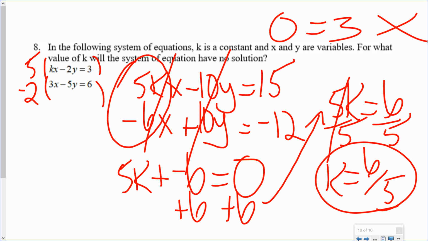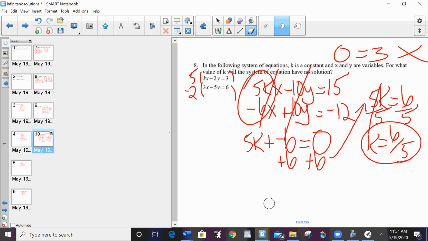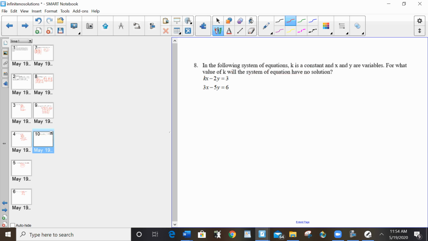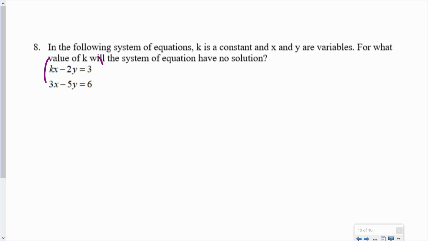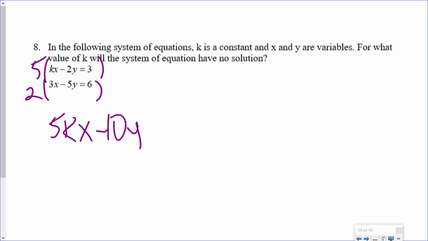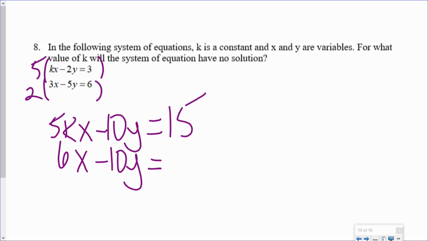Now, you didn't have to make the signs different here. You could have just multiplied by positive 5 and positive 2. I just want to show you what that would look like. If I just get everything positive, positive 5 and positive 2, that would have given me 5kx minus 10y equals 15, 6x minus 10y equals 12.